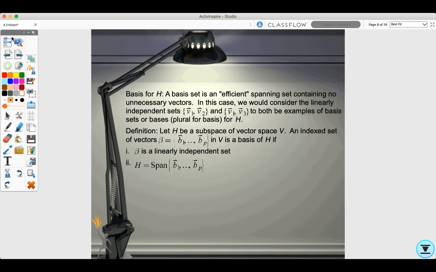In this case, we would consider the linearly independent sets v1 and v2, and v1 and v3, to both be examples of basis sets, or bases, plural for basis, of H. Let H be a subspace of vector space V. An indexed set of vectors beta equals b1 all the way to bp in V is a basis of H if, first, beta is a linearly independent set, and second, H equals the span of b1 all the way to bp.